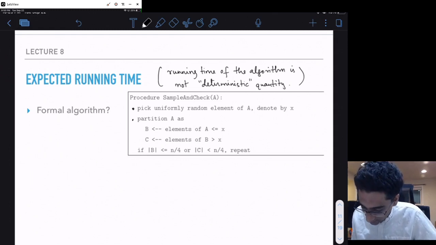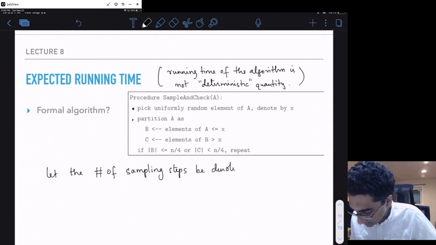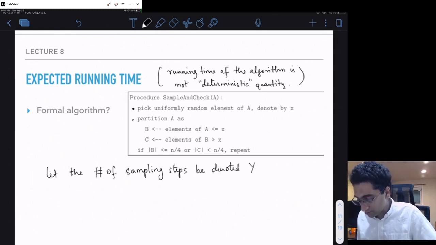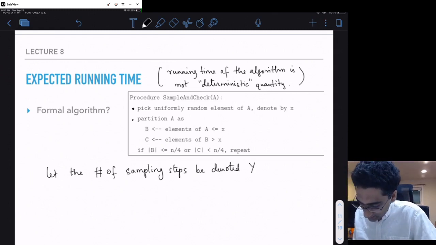So let the number of sampling steps be denoted as capital Y. It's customary to denote random variables by capital letters, so we'll do that.